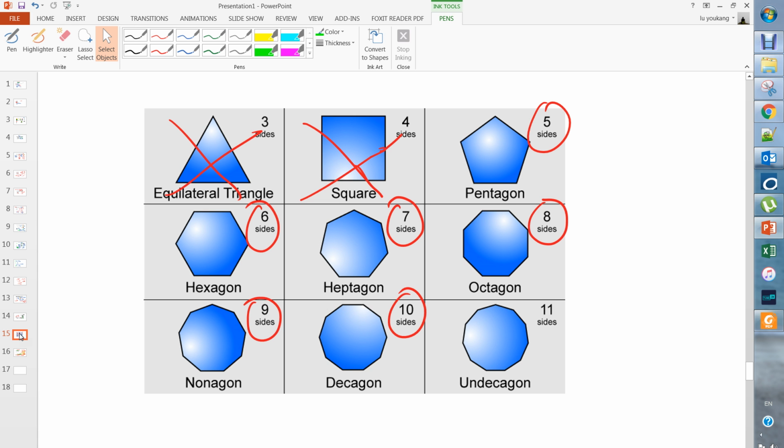Did you write down that n is the number of sides? Interior angles.